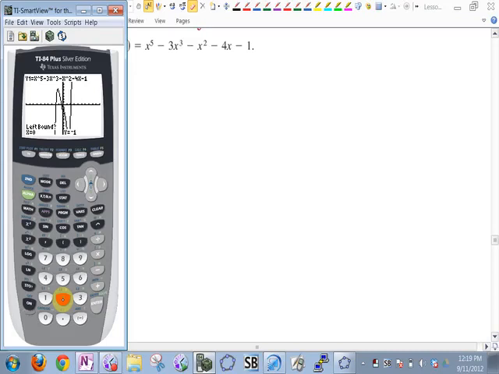So you can either move your cursor by hitting the arrow key a bunch until you are definitely to the left of that, or you can actually type in a number you know is to the left. So I'm actually going to type -3 and hit enter. Okay? Now it asks for a right bound. Make sure you don't include more than 1 0 between your left and right bounds. Does that make sense? Make sure your left bound is either below or above the x-axis, and your right bound is the opposite of that.